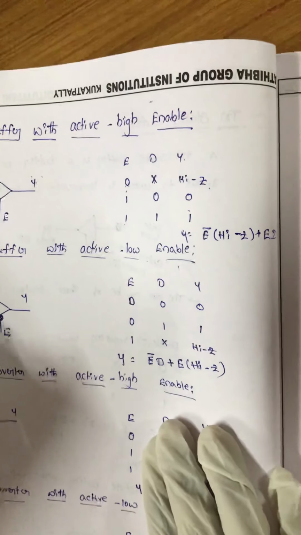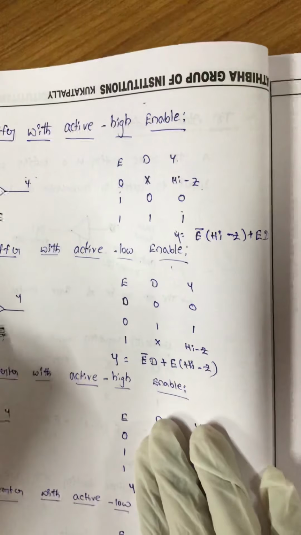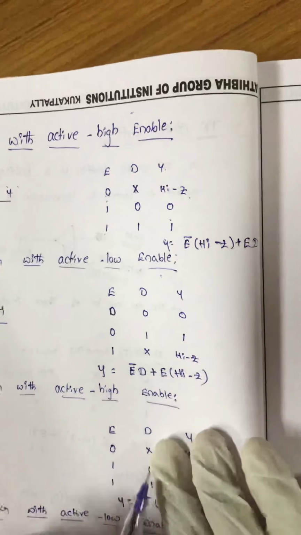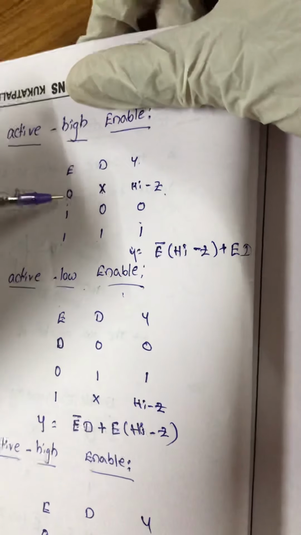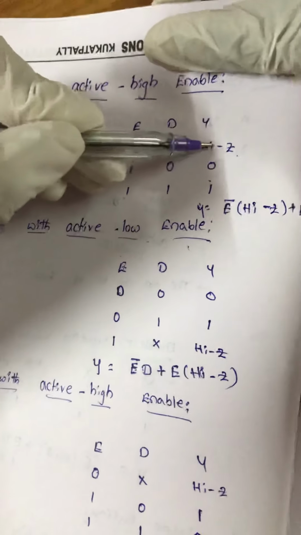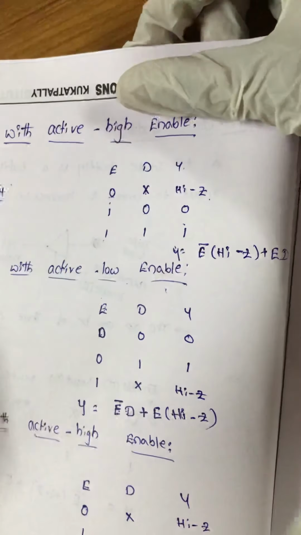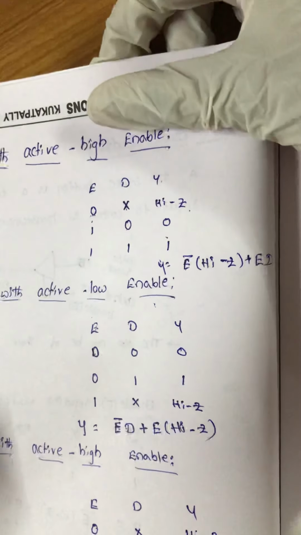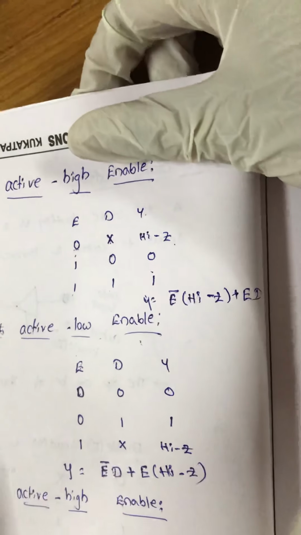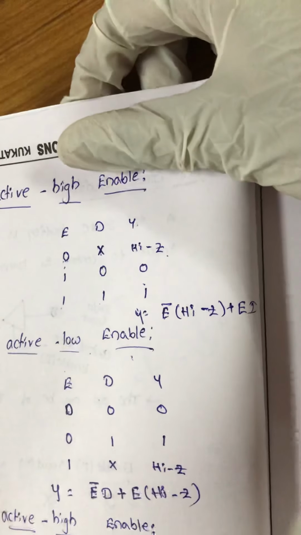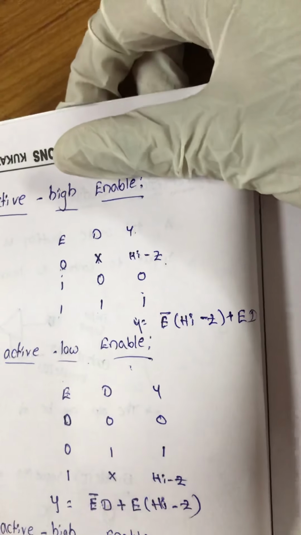Okay, so the opposite operation can be performed in this buffer. First condition, for example E equals 0. We already said that if enable is 0, high impedance is generated, right? So here we are applying a bubble. Applying a bubble means if E is 0, at the bubble E is converted into 1.